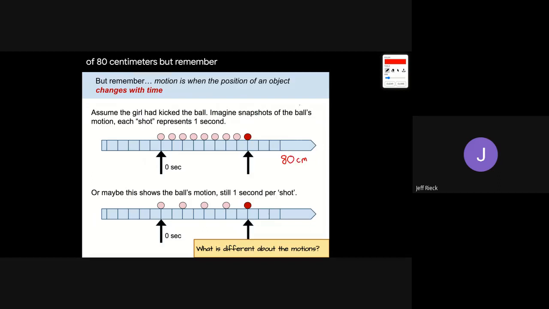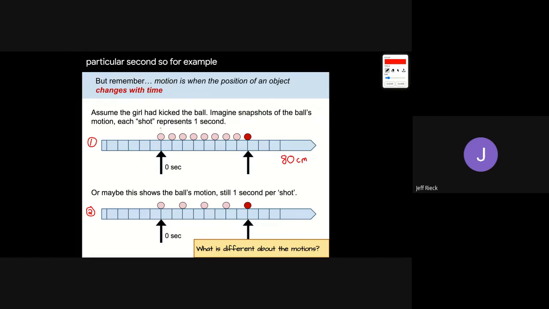But remember, motion is when the position of an object changes with time. So I want you to imagine that the girl from the previous slide kicked a ball 2 different ways. We have our first way up here at the top, and then the second way on the bottom here. Now, I want you to also imagine that each image of the ball here represents its position along a number line for a particular second.